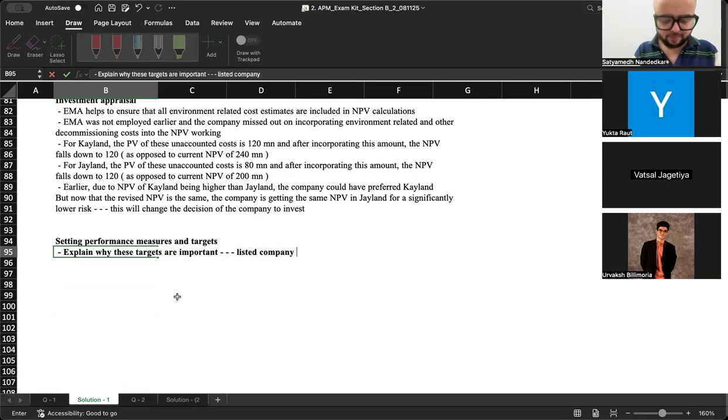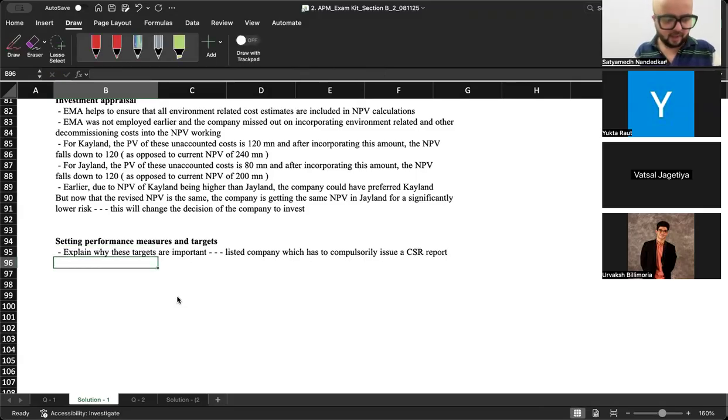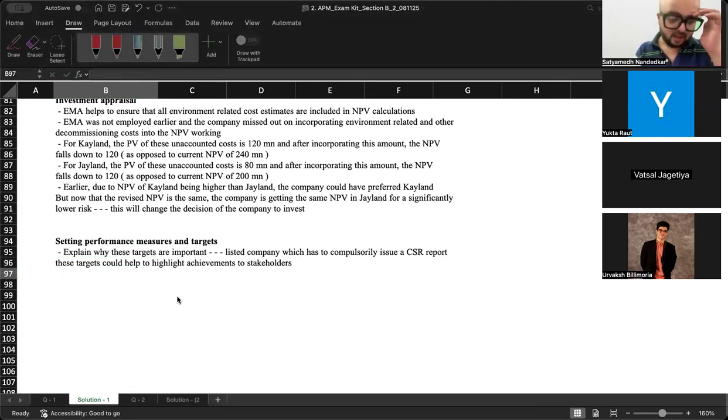A listed company which has to compulsorily issue a CSR report, and these targets could help to highlight achievements to stakeholders. Then talk about what kind of targets you could set and how EMA could help you.